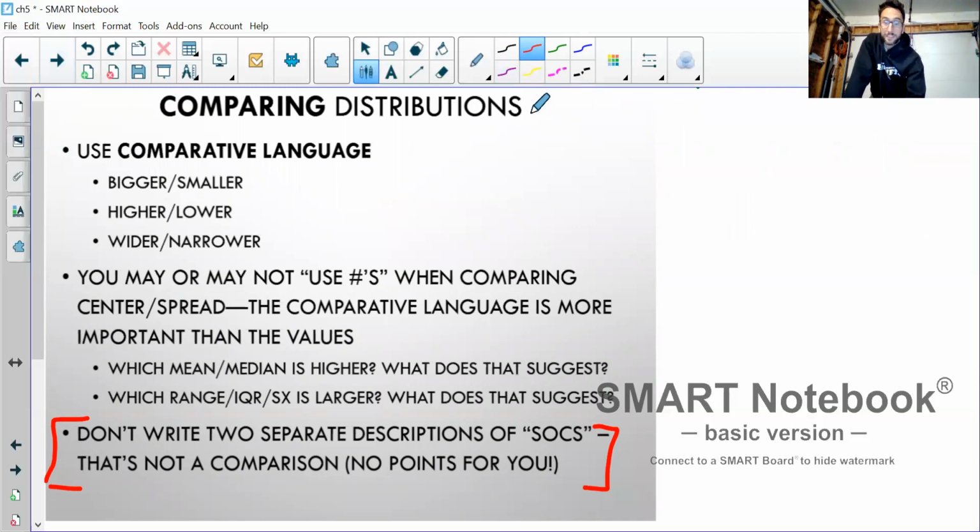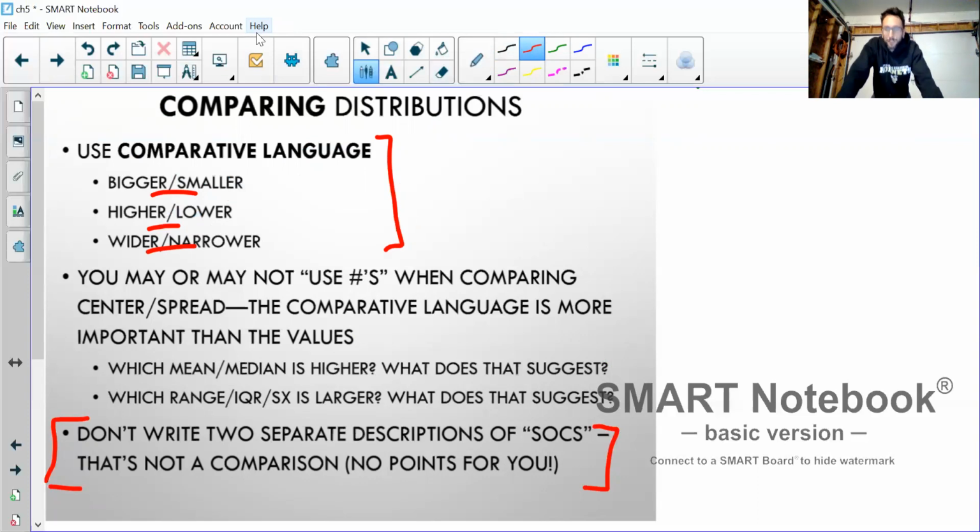So to avoid that, it's extremely important that as we're working through this stuff, we use comparative language. We want to use words like bigger or smaller, higher or lower. Maybe we talk about a range being wider or narrower. It's really, really important that we use our comparative language. Sometimes it's hard to use comparative language with the shape. If one thing's skewed right and one thing's unimodal and symmetric, you can't really use comparative language there.